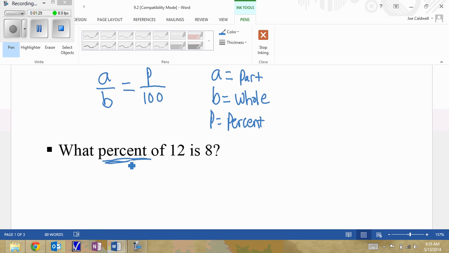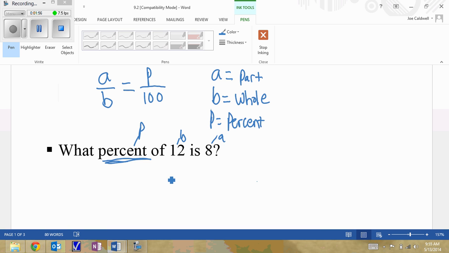So what we have is A and B, what we don't have is P, okay? So what percent of 12 is 8? So this would represent P, this would represent B, which is the whole, and this would represent A, which is the part. And so we're going to plug that in and then use any of our various methods to solve proportions.